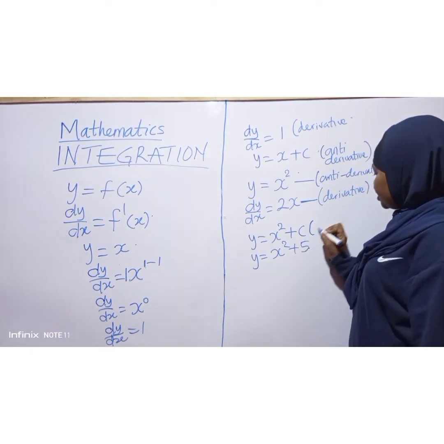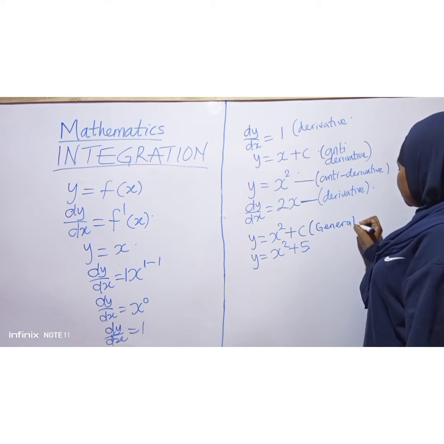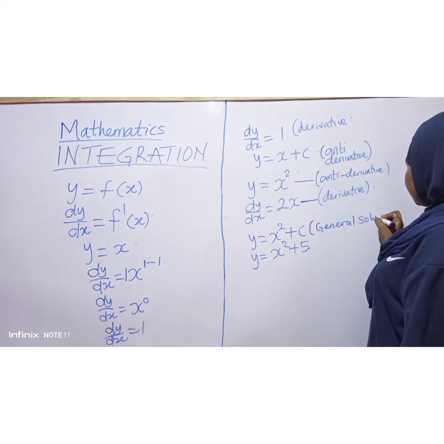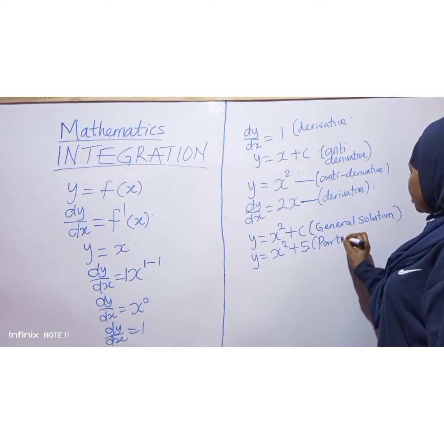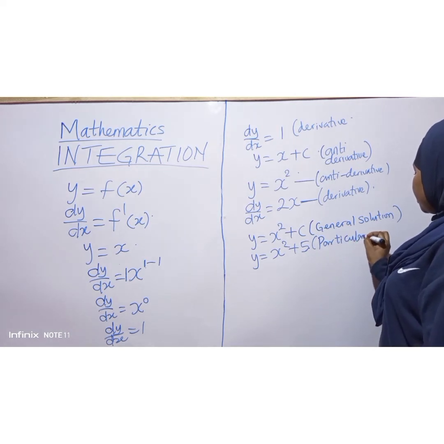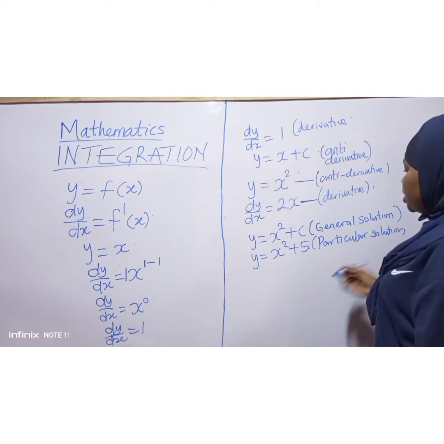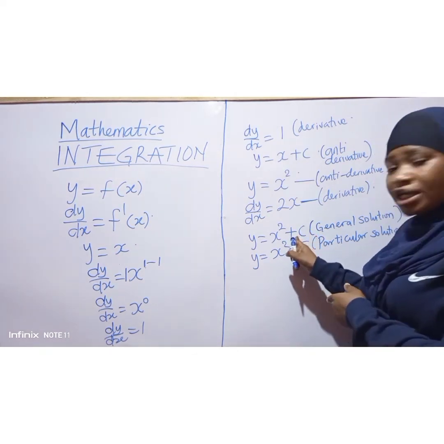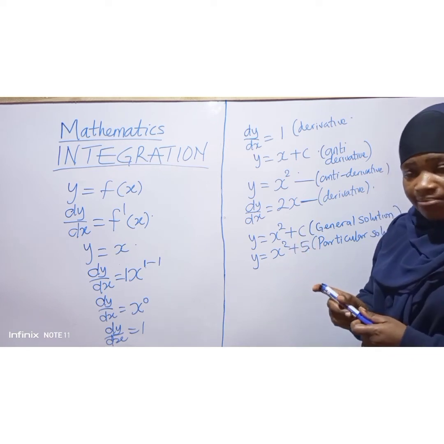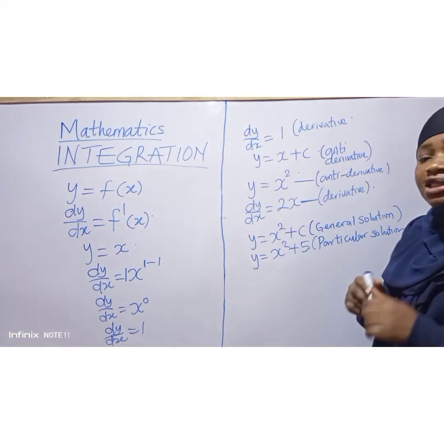This one is the general solution. And here is the particular solution. Why? Because the general solution is when I did not have the value for my c, and the particular means when I have the value for that c.